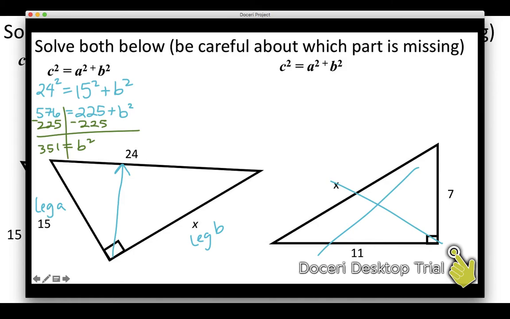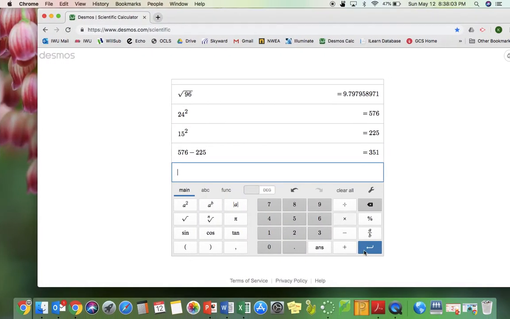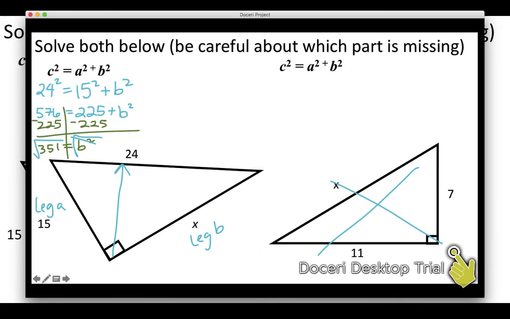I do still have to take the square root of both sides, so these cancel out. Square root of 351 is equal to 18.7. So B is approximately 18.7, which makes sense. It is less than 24, and it's not too far off of 15.